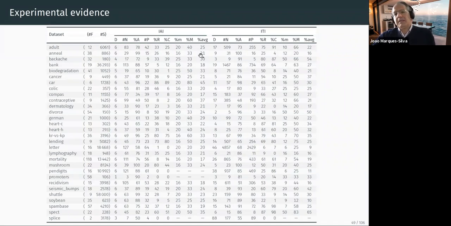The second aspect is, if you have redundancy, how many literals are you getting rid of? Of course we could have a lot of paths where we are getting rid of literals, but it's just one literal, right? And so a second metric is, what percentage of the literals in the path are we getting rid of? As you can see, it's not that small.